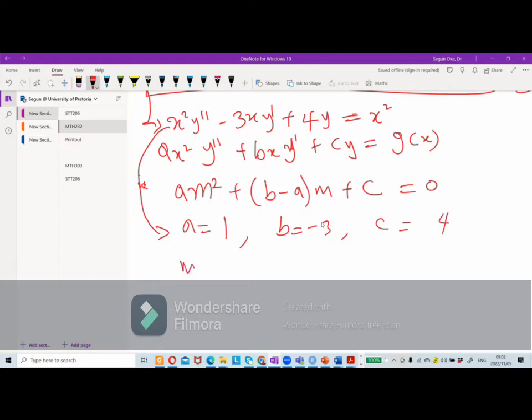We have m squared plus minus 3 minus 1, minus 3 minus 1, m plus 4 equals 0. That is m squared minus 4m plus 4 equals 0.